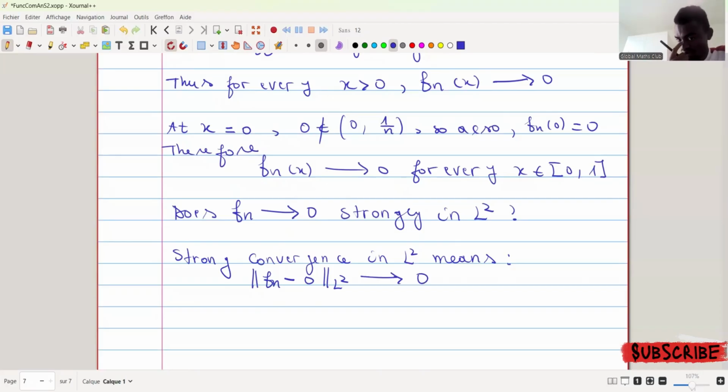That is what is meant by L2 convergence.